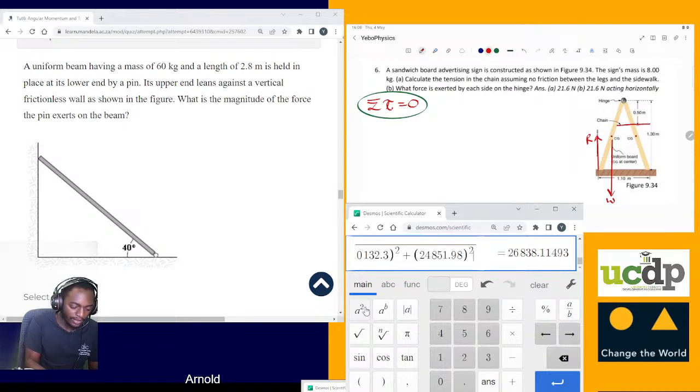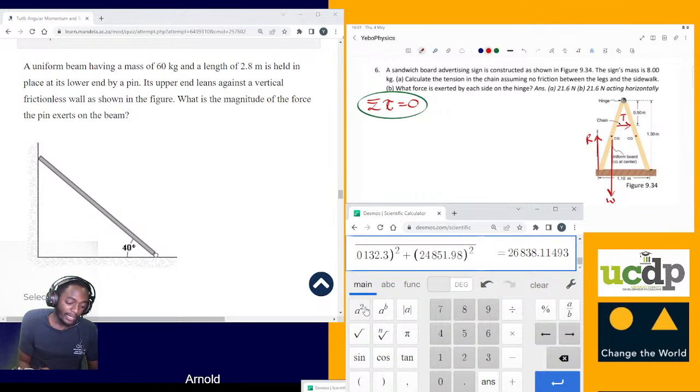So we're considering this leg. First, that is what we are going to look at in this problem, the forces that we have identified.